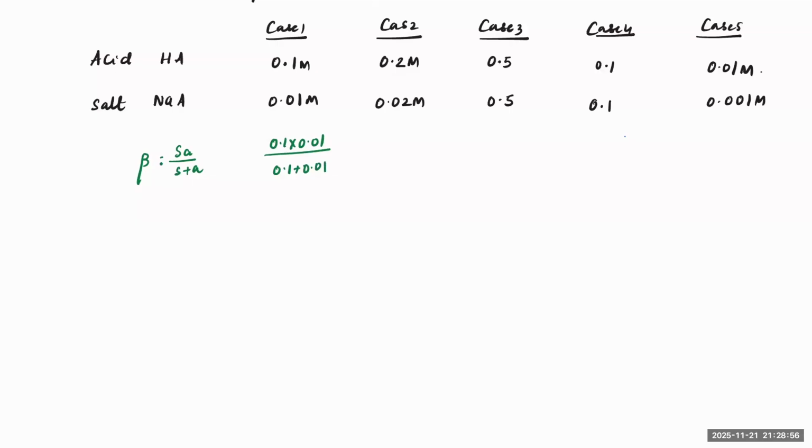We have 10 raised to the power of minus 3 divided by 0.11. Got it? This is the value we have. Next one, this is 0.2 multiplied by 0.02, that whole divided by 0.22, so that will be 4 into 10 raised to the power of minus 3 divided by 0.22.